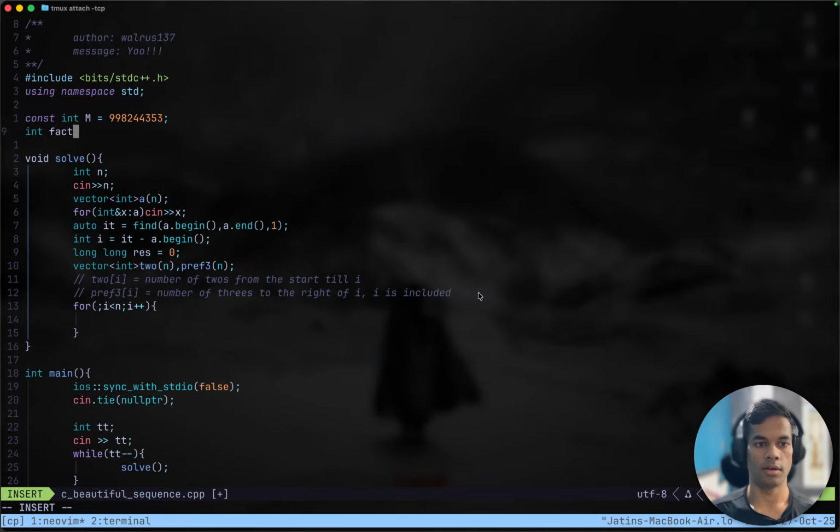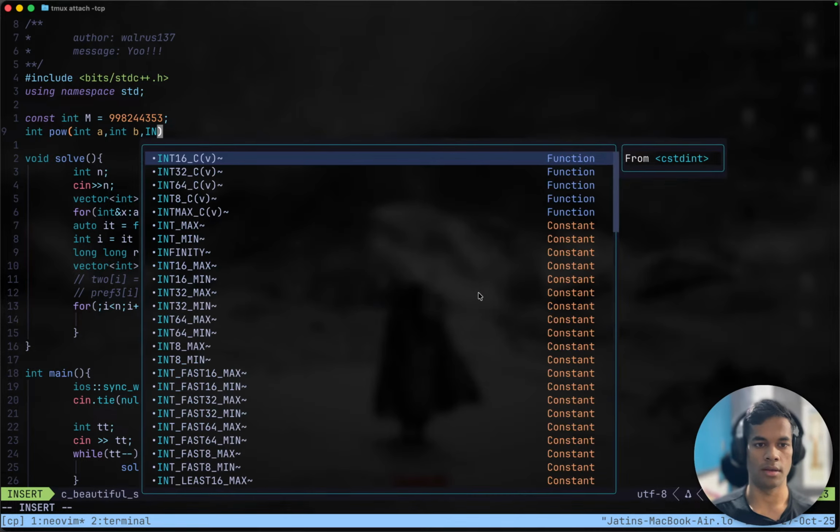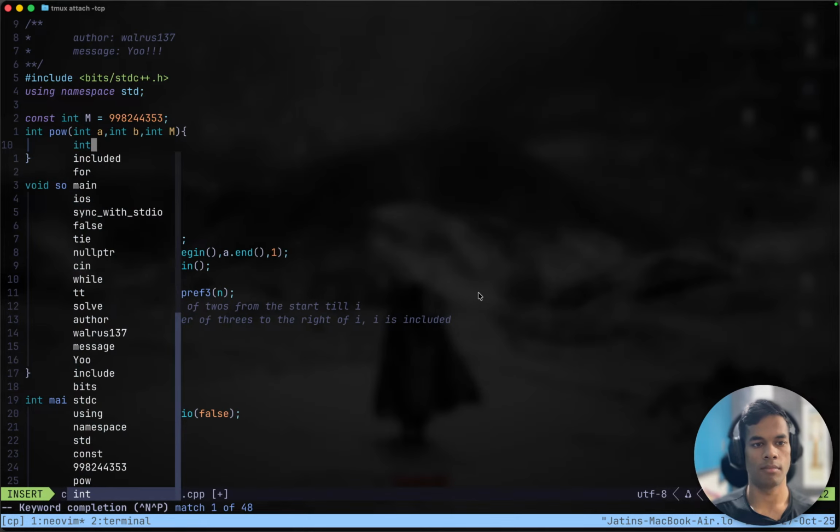So in fact, not factorial, but power, with a, b and m.